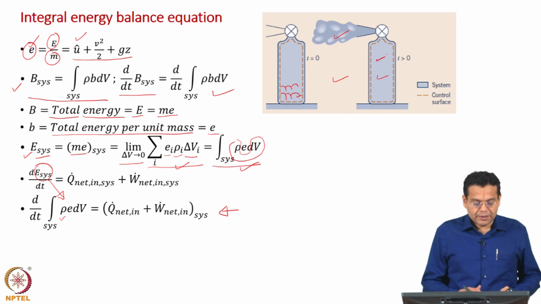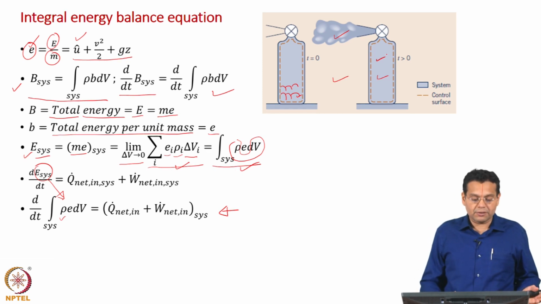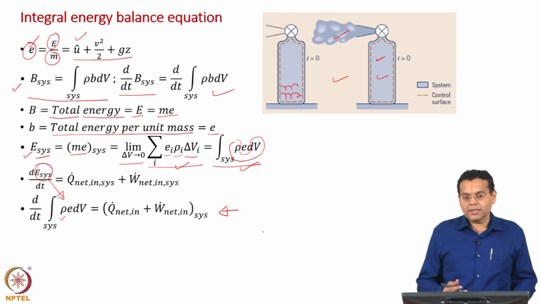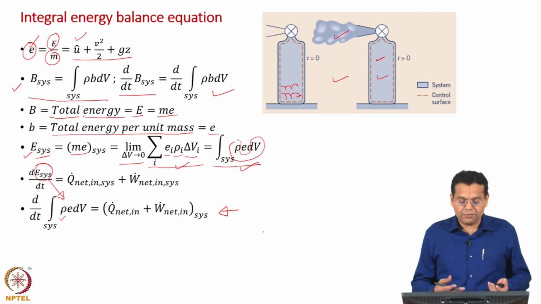That is why we have expressed this first law of thermodynamics in terms of rate. Left hand side also it is rate of change of energy, right hand side rate of heat transfer, rate of work transfer. The reason for expressing this is, it is the first law of thermodynamics for a flowing system made of fluid particles. That is how we should visualize this form of first law of thermodynamics.